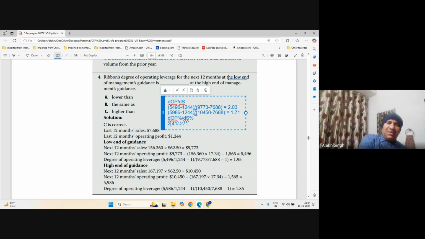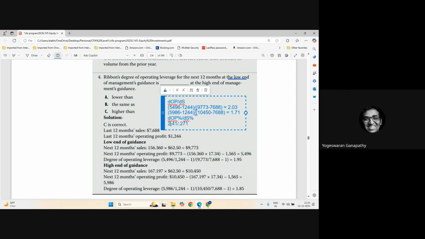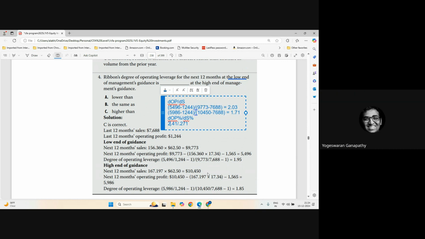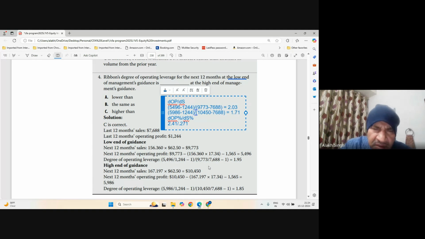Sorry, we should multiply that, sir, not divide. Is it multiply? Why multiply? Okay, it is opposite. Yes, 3.41, because this one is in the denominator.